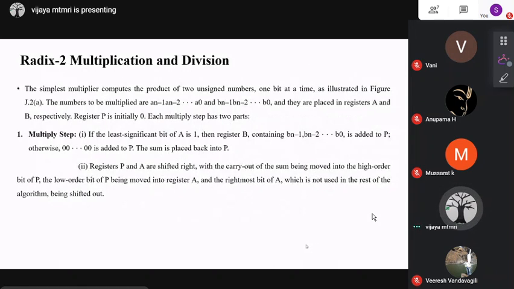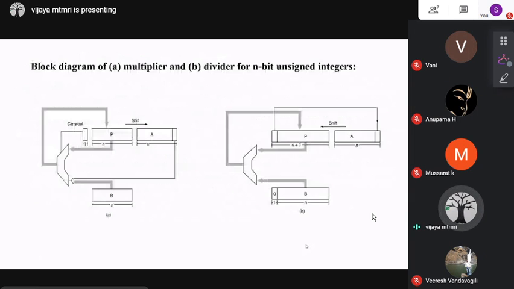As we can see in this figure, we are multiplying the numbers a n minus 1, a n minus 2 to a naught, and b n minus 1, b n minus 2 to b naught, and they are placed in the registers A and B. P is the register where we give the initial value, that is 0. First we will do the multiplication, and then we are going to divide. So first are the multiply steps.